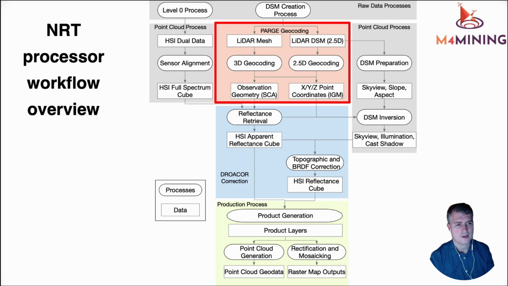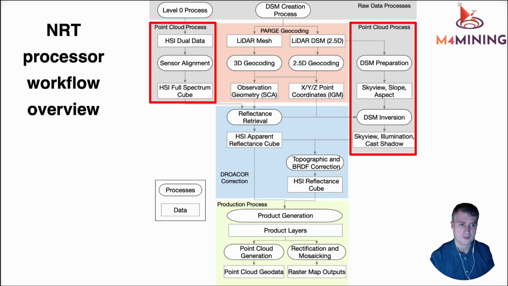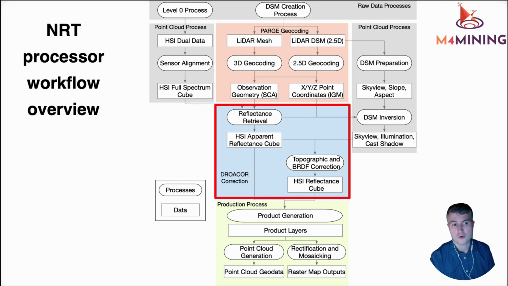This is the main ray tracing routine with a digital surface model or DSM. Third are the point cloud processes, which are specific to the point cloud-based hyperspectral processing in raw acquisition geometry. Fourth is the drone atmospheric correction or DROACOR RESE software, which performs the atmospheric and topographic corrections for absolute reflectance retrieval.